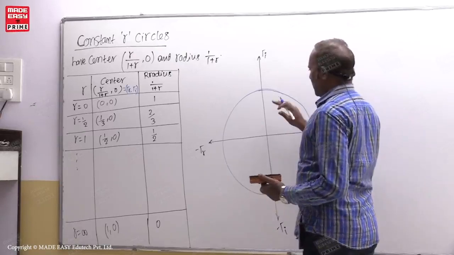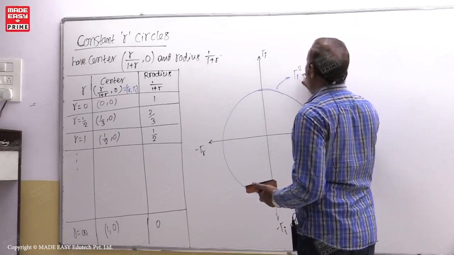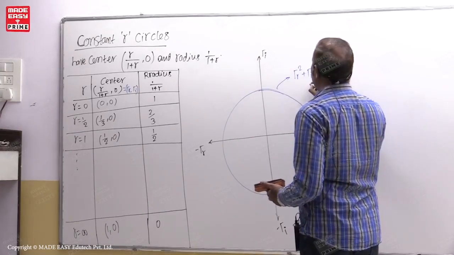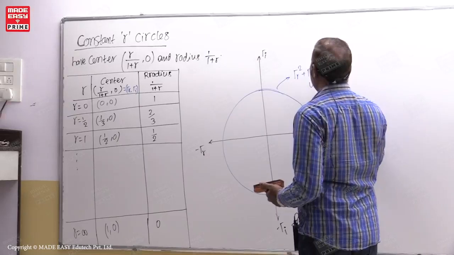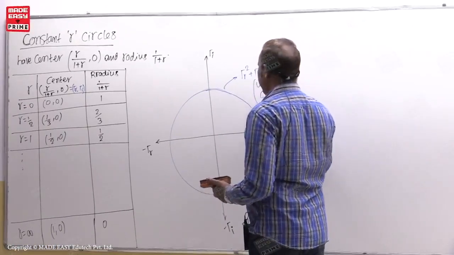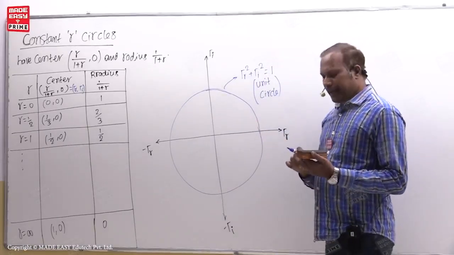So approximately done. Here this is gamma R square plus gamma I square is equal to 1. So that is a unit circle, or otherwise unity circle, doesn't matter, unit circle on the complex reflection coefficient plane.